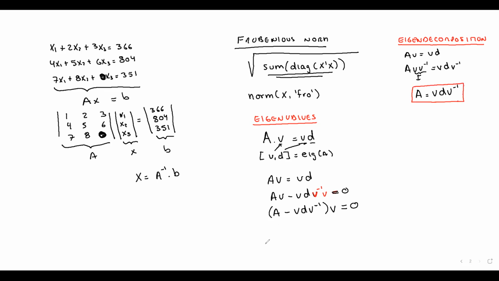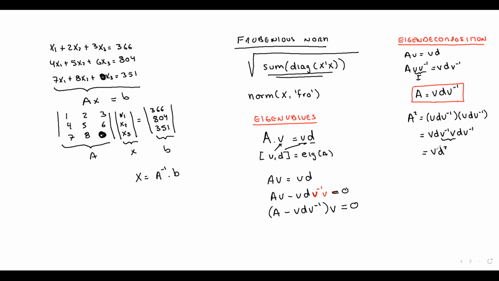Now, what is interesting, guys, is that with this equation you can find whatever you want. For example, A squared. A squared is going to be B, D, B minus 1, multiplied twice, right? So we have B, D, B minus 1 times B, D, B minus 1. So the middle is I, and this is going to be B, D squared.